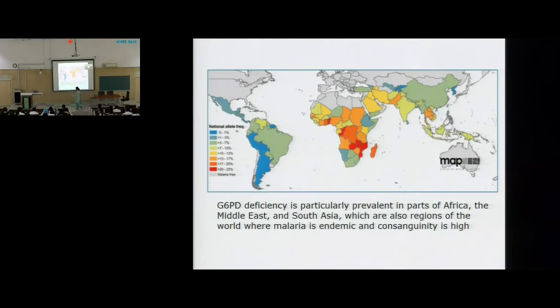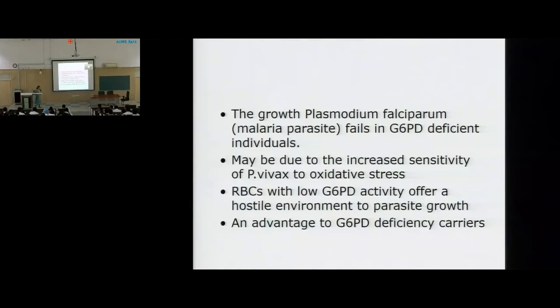And why is this so? Because it is giving a distinct survival benefit. Because of the deficiency, increased sensitivity to vivax occurs. The parasite cannot survive very nicely in a G6PD deficient individual.